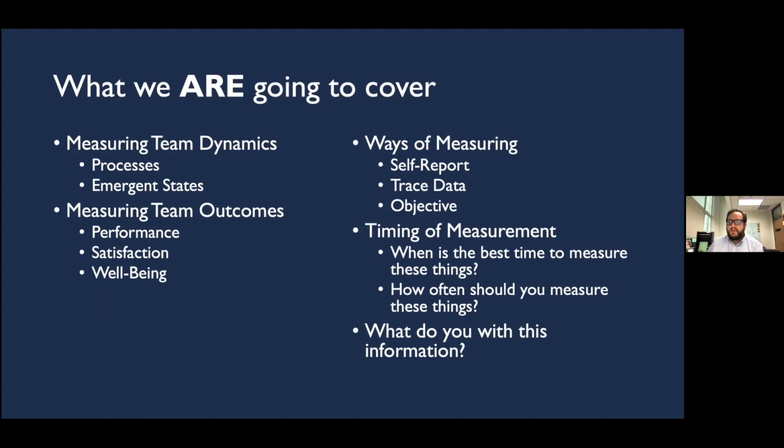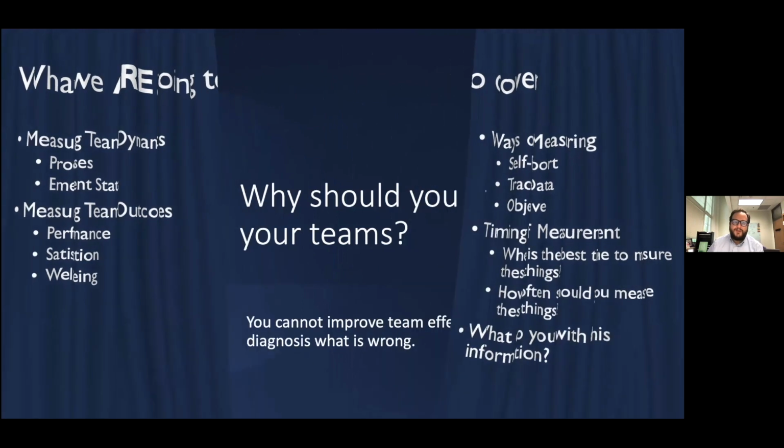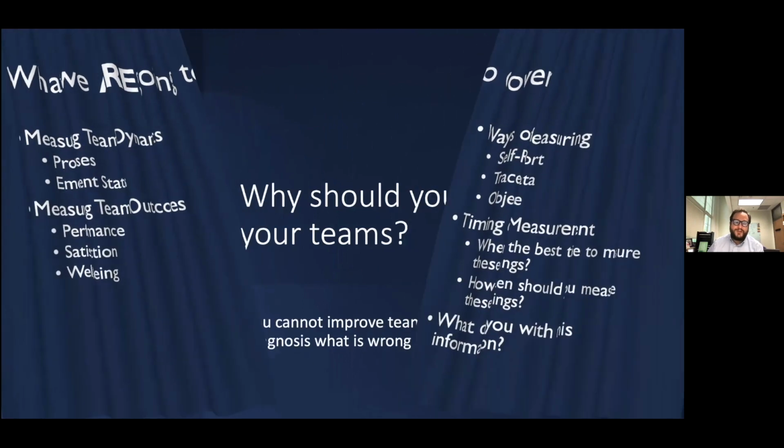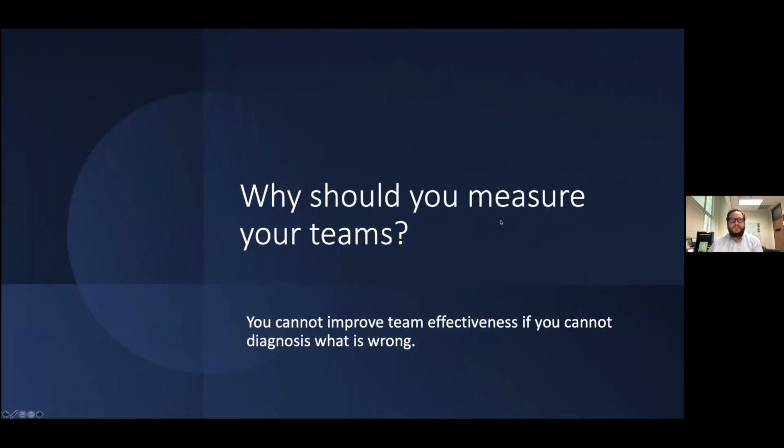So actually, I switched the order up a little bit because you kind of need to know why you're doing this before we get into what you're doing. So why you should measure your teams. A lot of this stuff we've been talking about, like improving team effectiveness, but you can't do that if you can't diagnose what's wrong with the team.